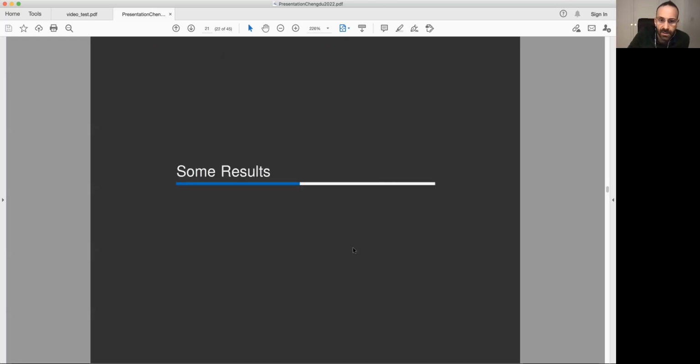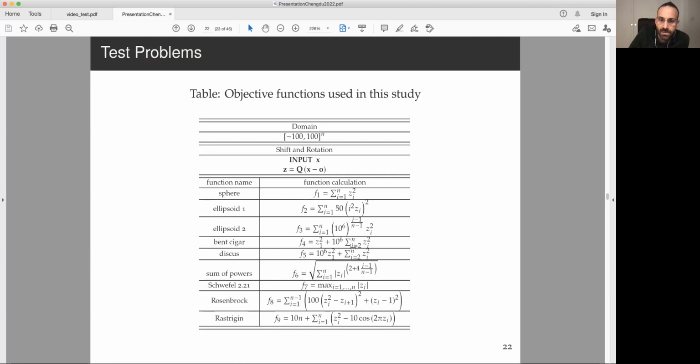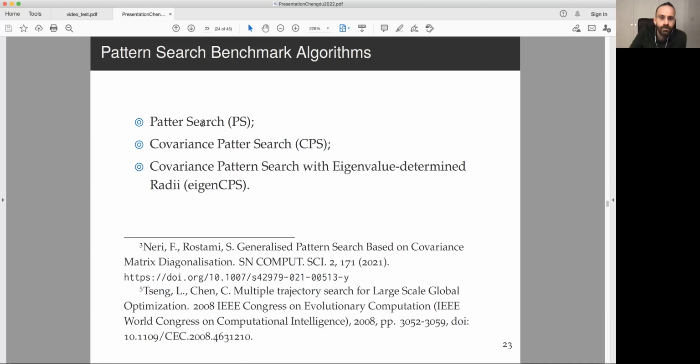So let us see some results. Here we have a set of functions that we have used. Some of them are also multimodal. We have tested by comparing eigen CPS against CPS, which is what we published at the beginning of this year. And this other pattern search is an implementation from 2008.